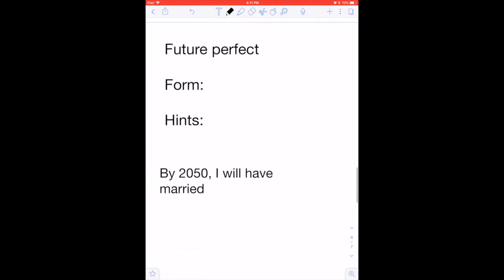So now for the future perfect. Future perfect is basically between the present tense and the perfect tense. The form of this is will have plus verb.